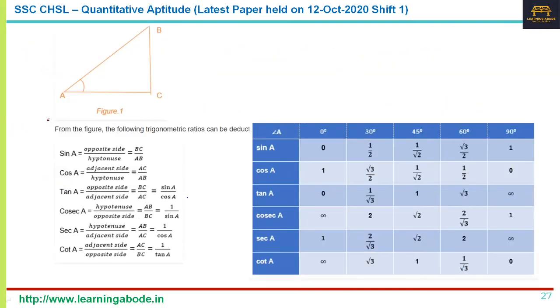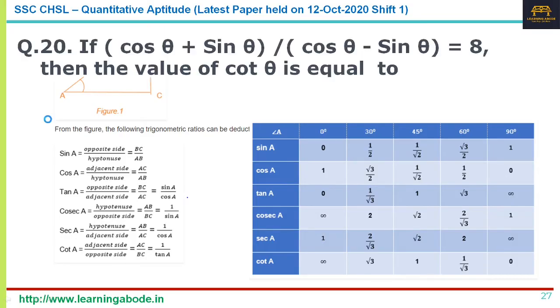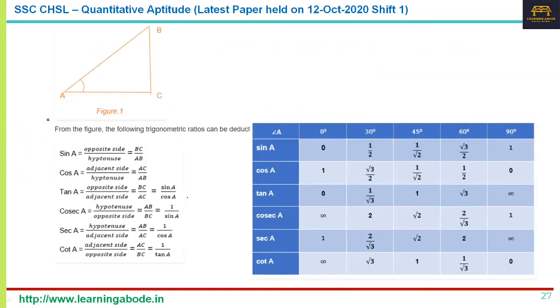Now, just as a reminder of the relationship here: opposite side by hypotenuse is sine A, adjacent side by hypotenuse is cos A, and cot A is adjacent side by opposite side, right?